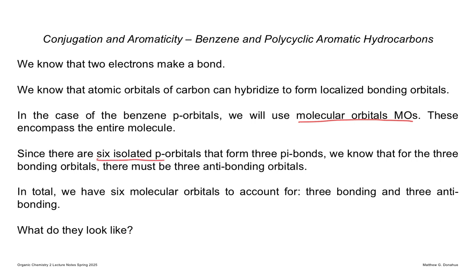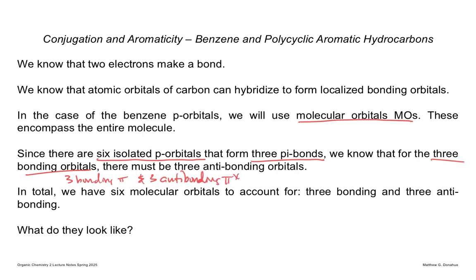So we have 6 isolated p orbitals that form 3 pi bonds. And we have to conserve them. So we're going to form 3 bonding orbitals and 3 antibonding.